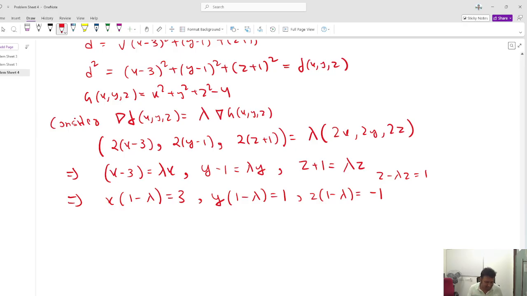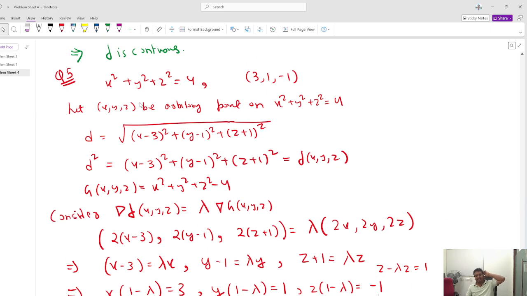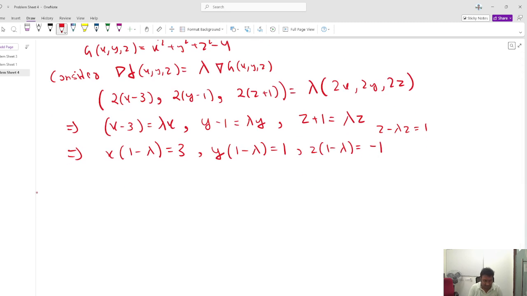Now what can you do from here, guys? Think for a moment, then I can give you the answer. See, note that this (x, y, z) is a point on the sphere, right?